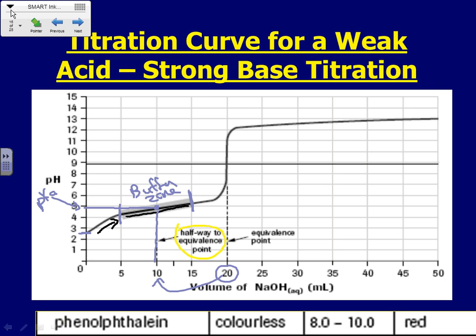Once we're past that buffer zone, just like a regular titration, the pH is going to spike at the equivalence point. But notice now the position of the equivalence point.